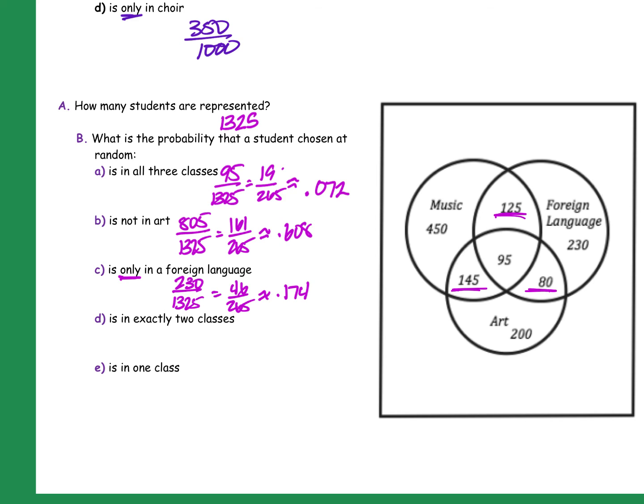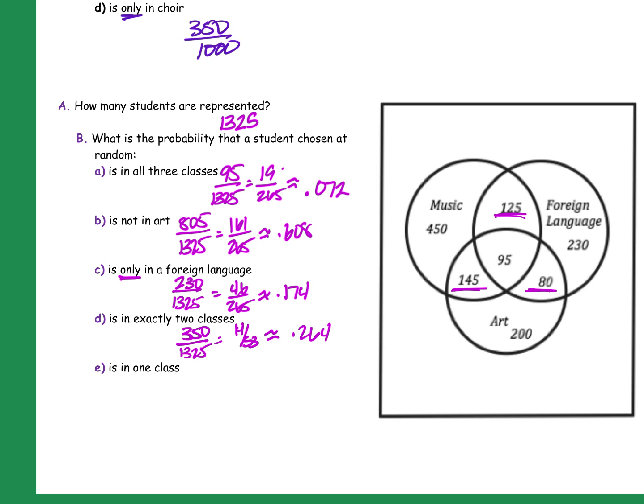The 95 is in 3 classes, so I don't want to count that one. That should be 350 out of 1325, which simplifies to 14 out of 53, or 0.264.